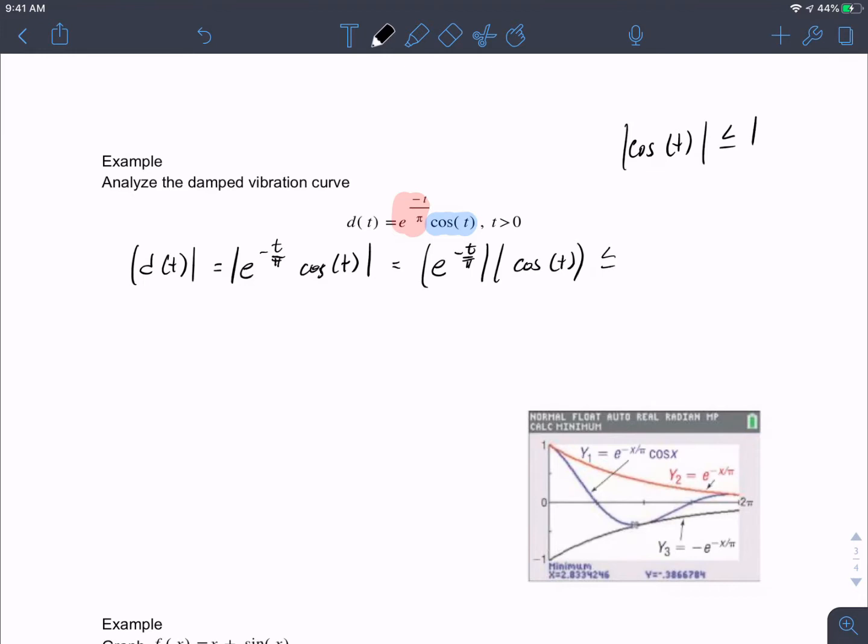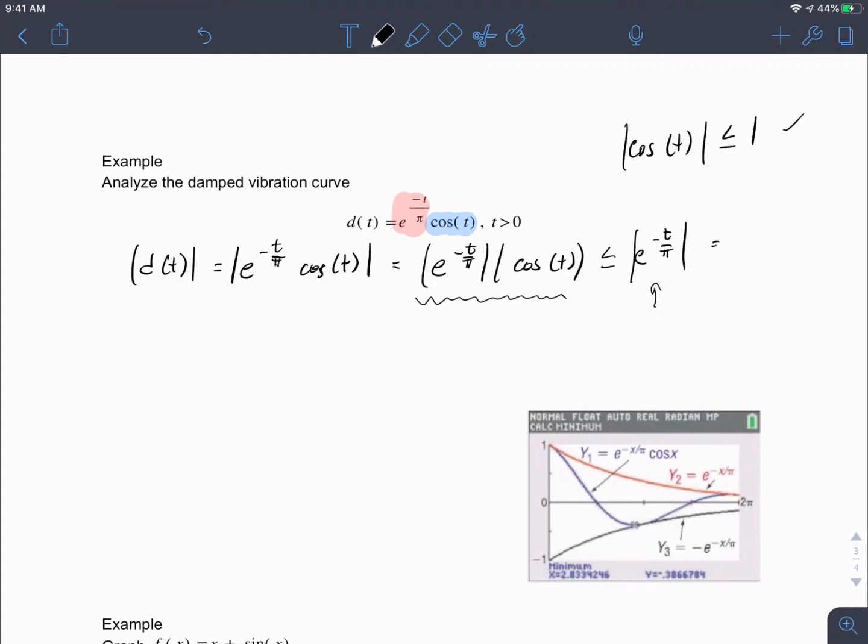And so since that's the biggest value it's going to be, we're going to use that maximum value and just say it's 1. And so that means that e to the negative t over pi in absolute value is going to be bigger than or equal to this function right here because of this condition. Because if cosine is anything smaller than 1, you agree that this is bigger.